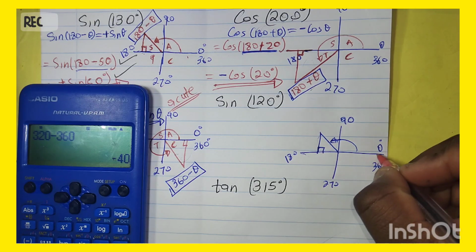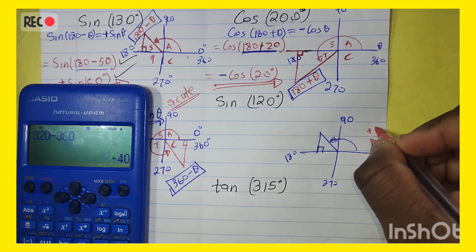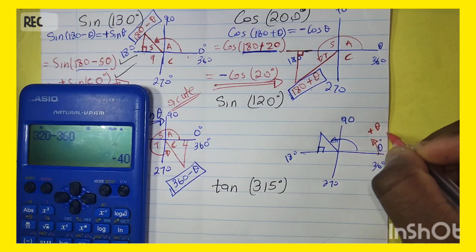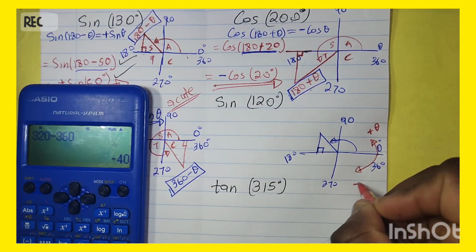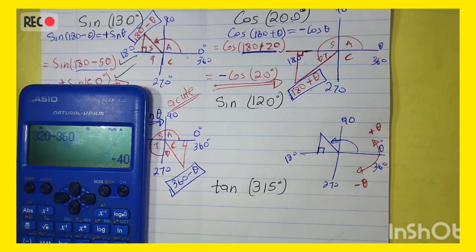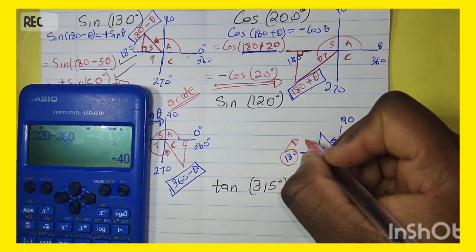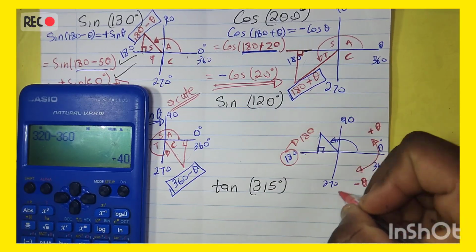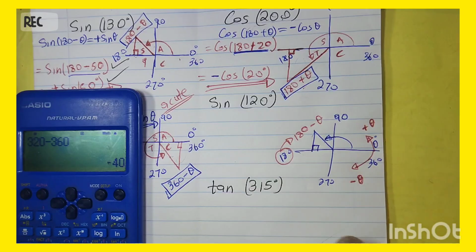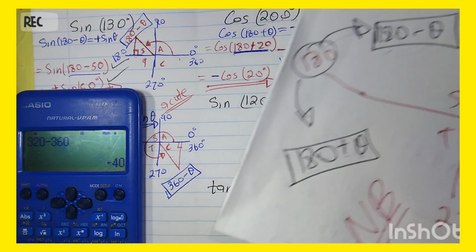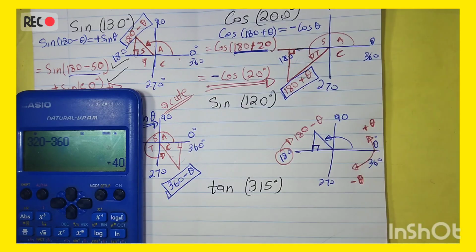Remember, when you go that side, you read with a positive angle, but when you go that side, you read with a negative angle. So I'm on 180, and I move in a negative direction. This is the position.